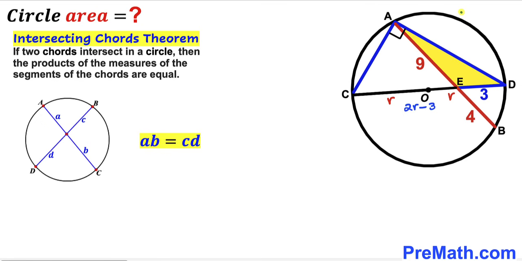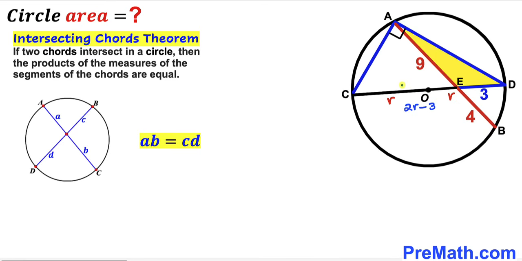And now we are going to revert our attention back to this given problem. We can see this chord AB and this diameter CD, and they intersect each other at this point E. And as a result, we end up with these four segments: this segment CE, this other segment ED, likewise this segment AE, and finally this segment EB.